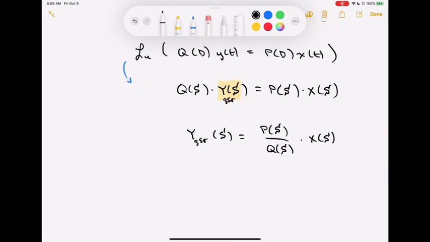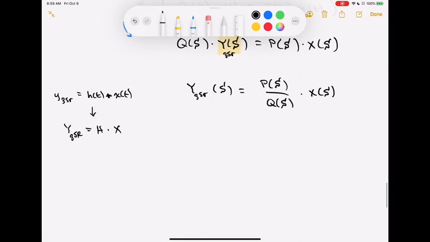But we also know, because we had a time domain expression, that y zero state response equals h(t) convolved with x(t). And if you transform that, you get Y zero state response as being H times X, something along those lines. We can go ahead and do that, and we would recognize then that this is H(s).